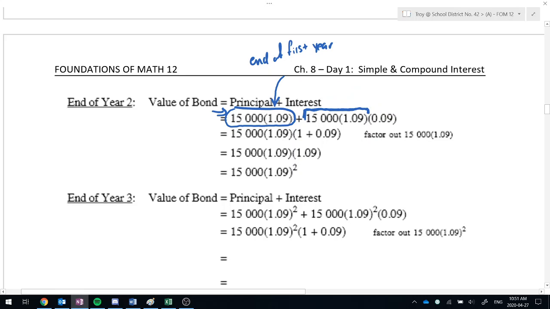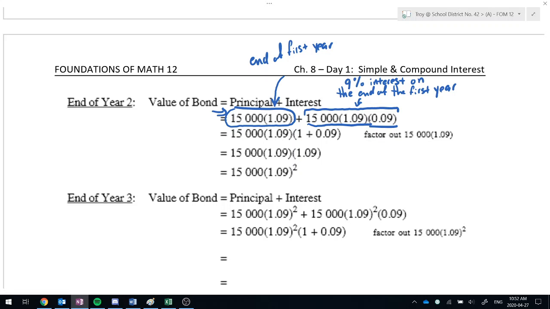And to that, we're adding 9% interest on the end of the first year. Right, so our 9% is right there. And then, like I said, this is just our 16,350 there.